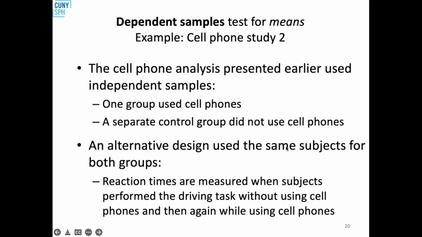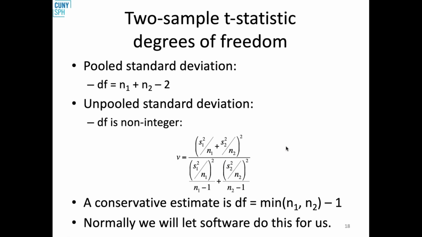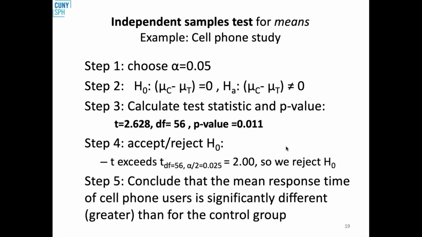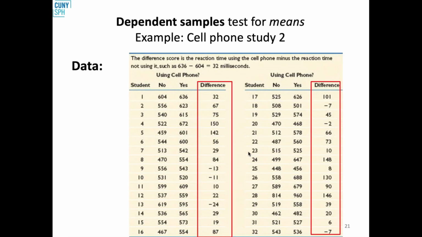So now what we do is we take all of the differences and we look at the differences as new data. The difference now is our real data. We're going to take the average of all the differences.